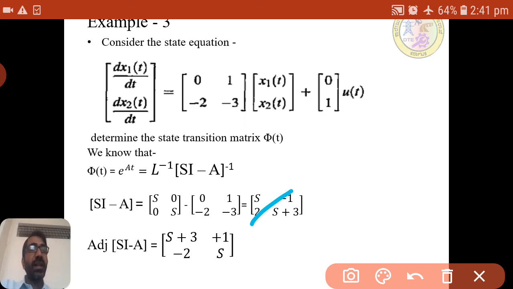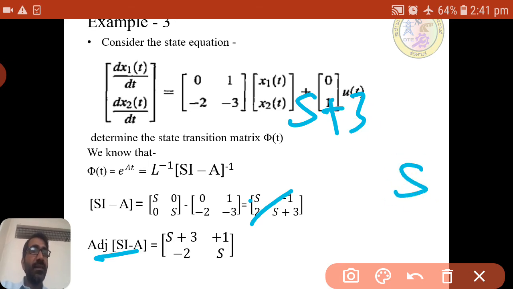After this we take the transpose of that, so we write directly the adjoint of sI minus A. After transposing, s plus 3 will be here and s here, and it will be 2 and it will be 1.